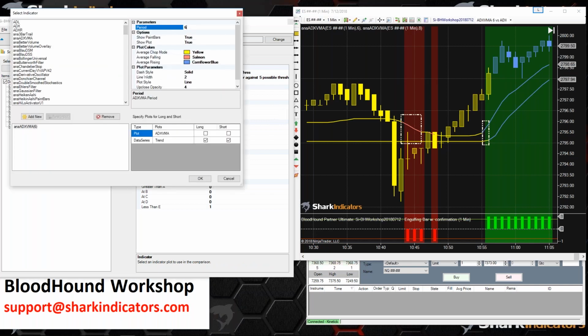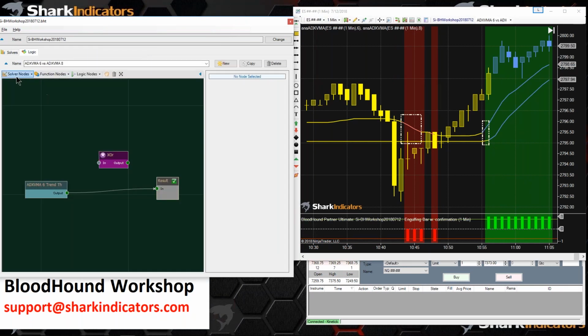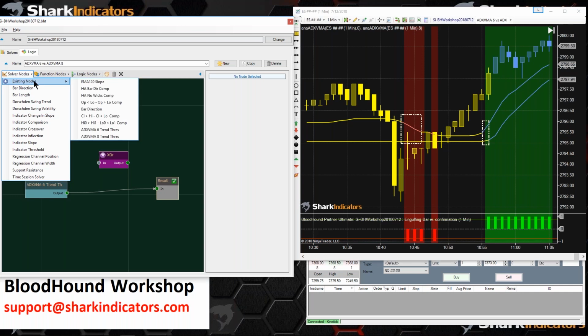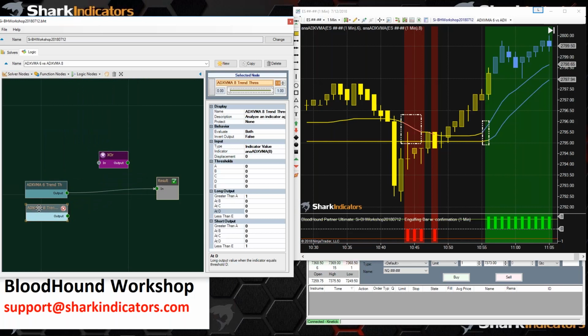Let's go into the indicators, change our period to 8. All right, there we go. It's all set up. So now let's go to the logic tab, go to the solver nodes, go to existing nodes. And there's that new one that I just made, the ADXVMA 8 period. Let's drop this on the board.